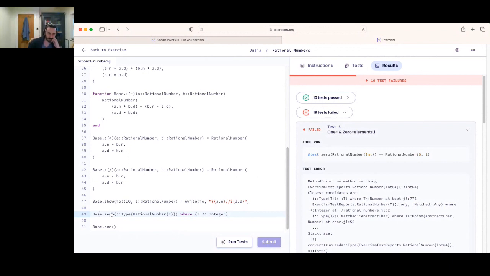We're saying base.0, we want to create a new function that, when we have the type rational number of type t, taking parameter t where t is an integer, I think that sounds about right. What we need to return is a rational number of type t.